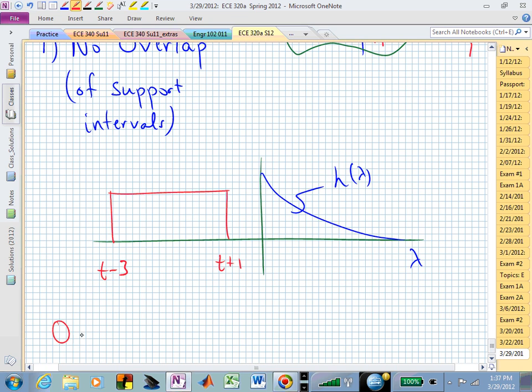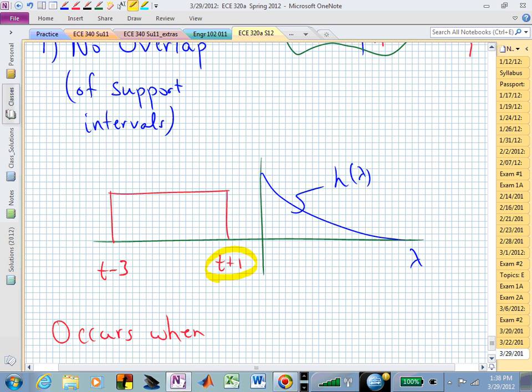This occurs as long as that side of x stays to the left of h of lambda. So we need t plus 1 to be less than 0 for this overlap pattern to exist.